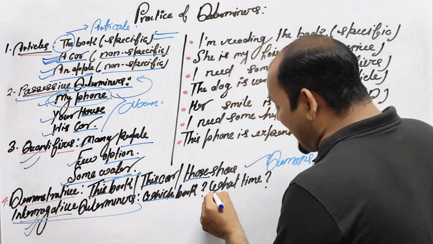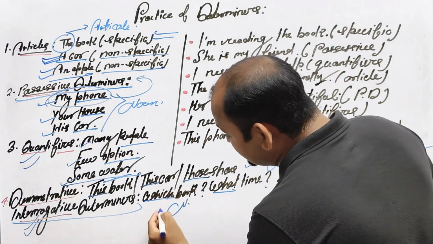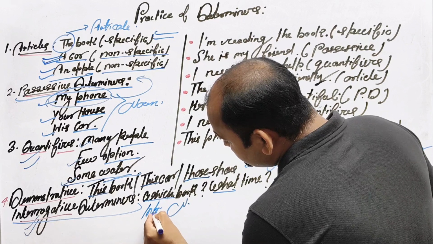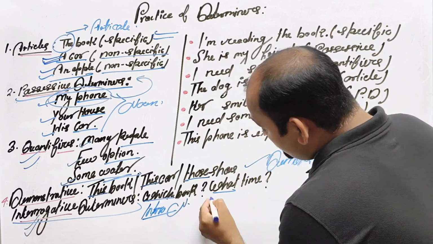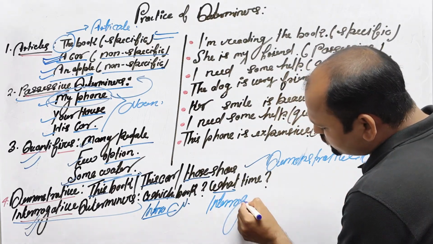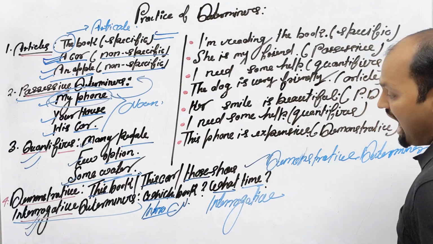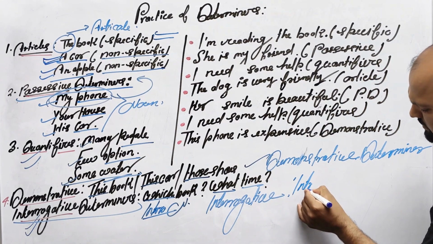Next one which I'm going to talk to you about is called interrogative determiners, under which and what you have to use just before a noun. This is called a noun, and this is called interrogative, because this is the interrogative. So interrogative along with the noun, I will call an interrogative determiner.